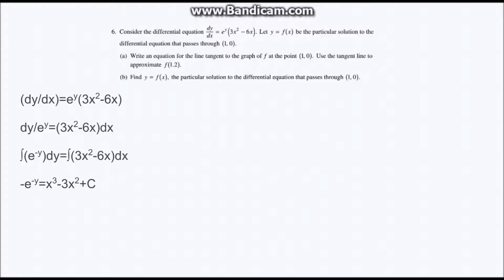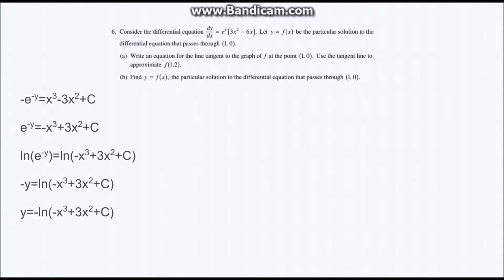And then we get e to the negative y times dy equals (3x squared minus 6x) times dx. Then we take the antiderivative of both sides, and we get negative e to the negative y equals x cubed minus 3x squared plus c. Make sure not to forget the plus c.